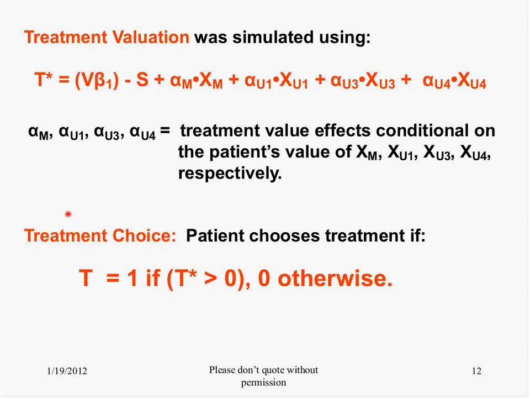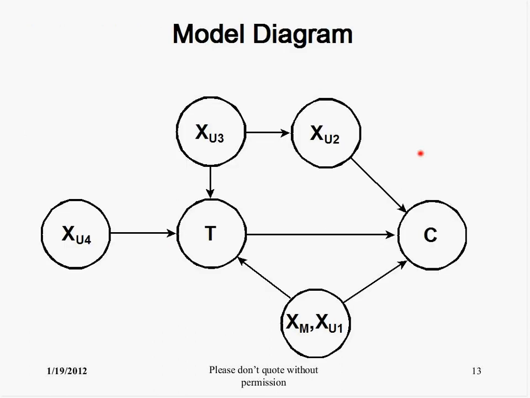And we simply said that a patient will choose treatment, so T will equal 1, if T star is greater than 0. If the net benefits of treatment are positive, then we just assumed in our simulations that a patient would have received treatment. So this net benefit in the treatment choice is going to vary with XM, XU1, XU3, and XU4. I think these are called DAG diagrams.